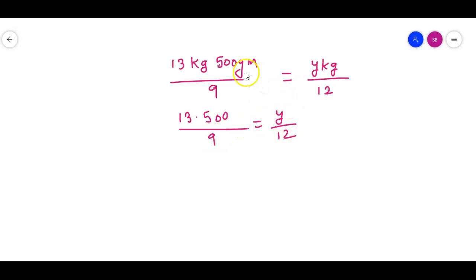So we are going to remove these units so that we can easily solve our sum. Therefore, 13.500 into 12 upon 9 is equal to y, because we have to find out y, right?